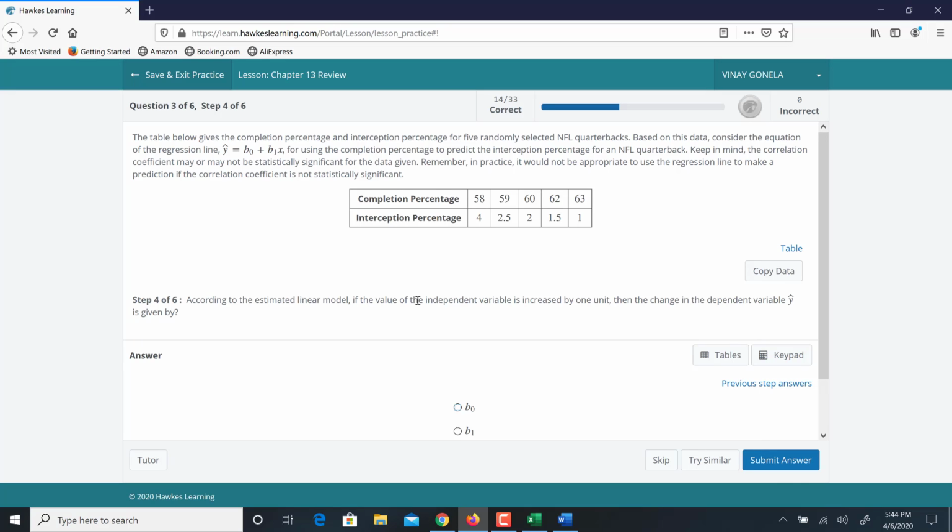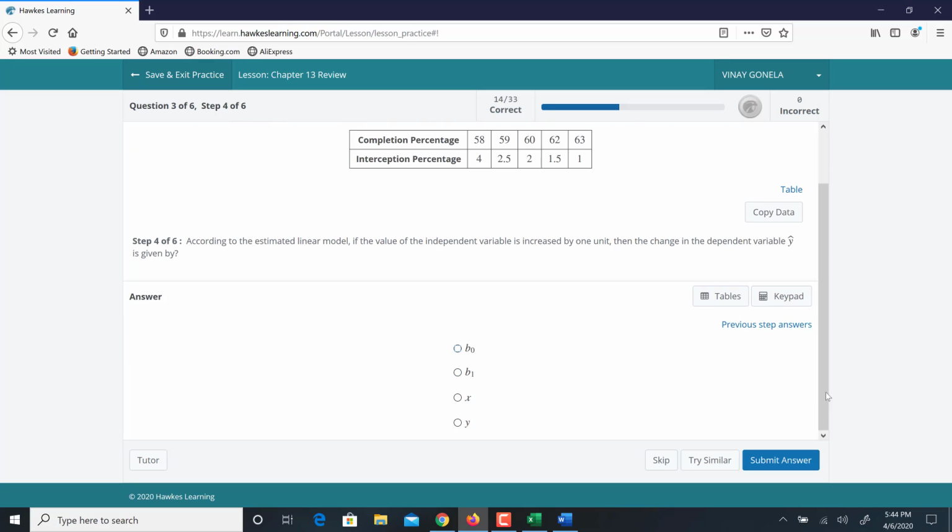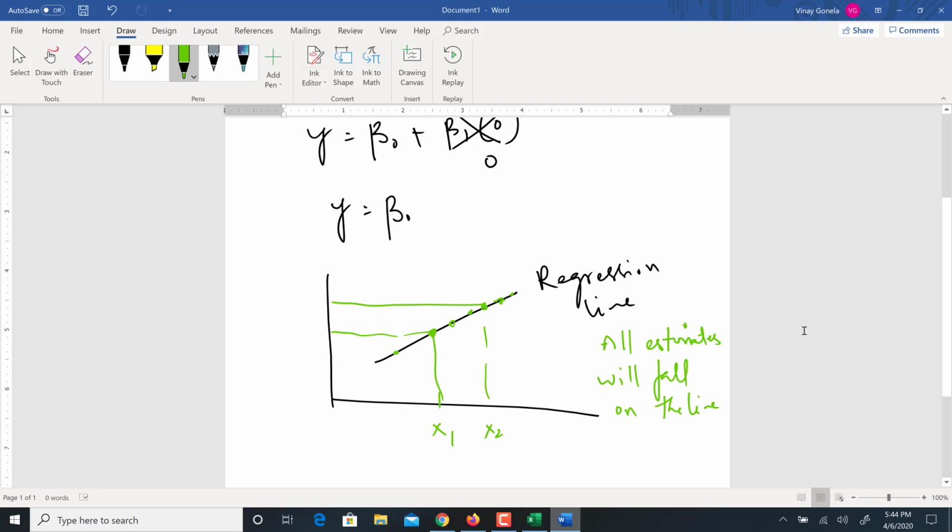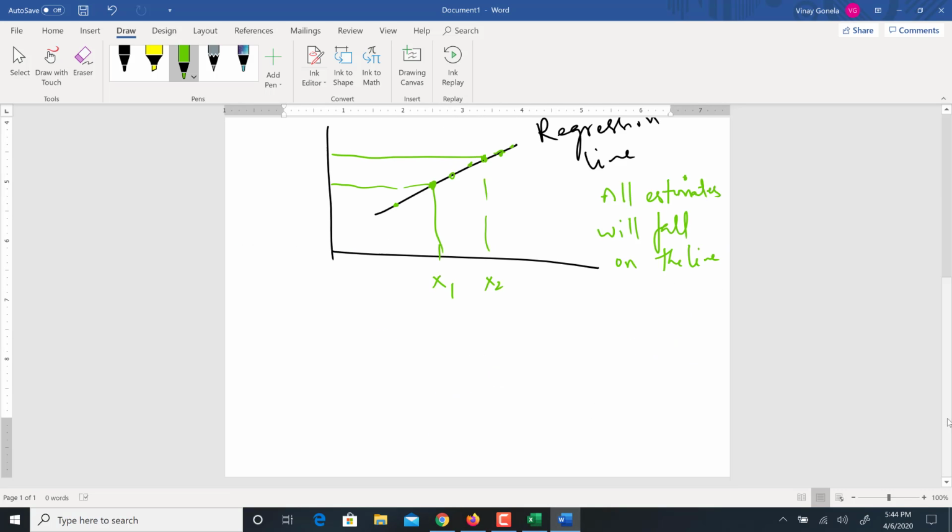And then, according to the linear equation, if the independent variable is increased by 1 unit, then the change in the dependent variable is... So this is very important in regression.